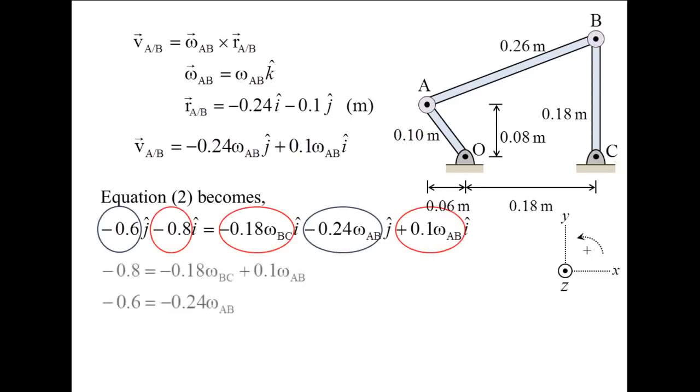We obtain two equations and two unknowns. Link AB rotates in the counterclockwise direction at a rate of 2.5 radians per second. Link BC also rotates in the counterclockwise direction, but at a rate of 5.833 radians per second.